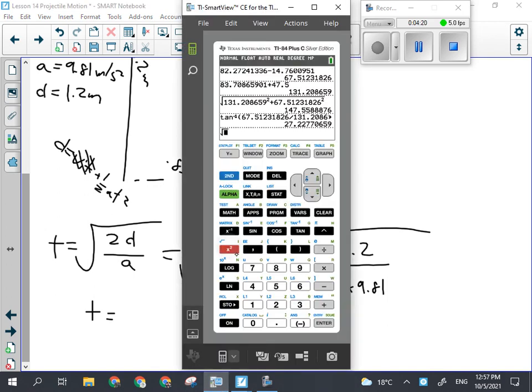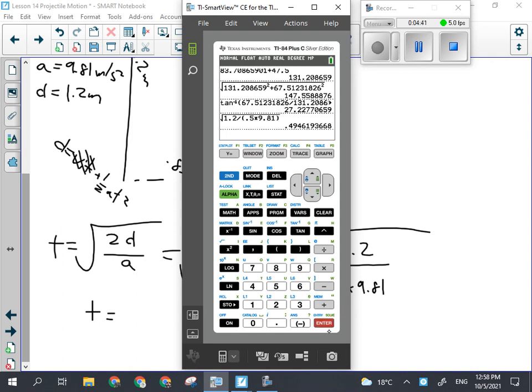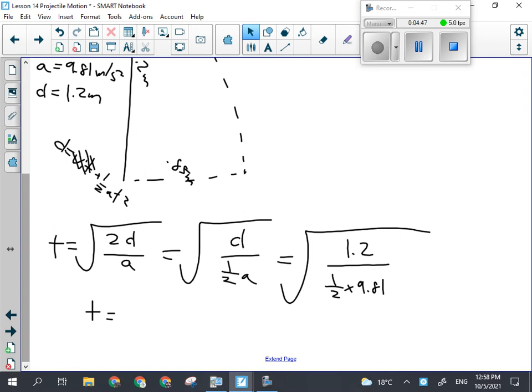So square root of 1.2 divided by, now here's the kicker with this one, we do have to put the bottom in brackets, otherwise it'll do order of operations, which we don't want. All right, so this is taking about 1/2 second, 0.494 seconds, or 0.495 seconds.